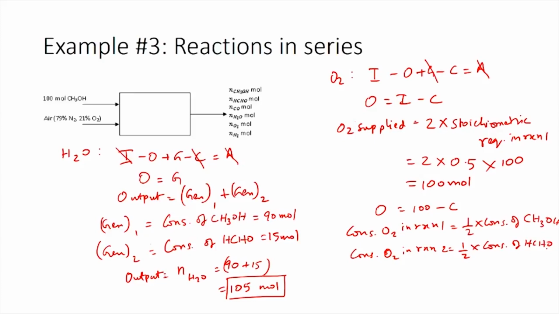So, now having this information, the total consumption of oxygen would be 0.5 times 90 plus 0.5 times 15, giving us a total value of 52.5 moles.